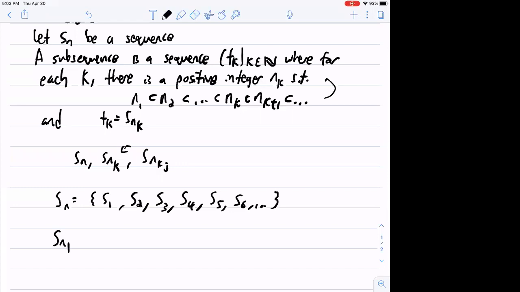A subsequence, I'll just make it up, would be S3, S5, and then everything else is the same: S7, S8, S9, and so on.